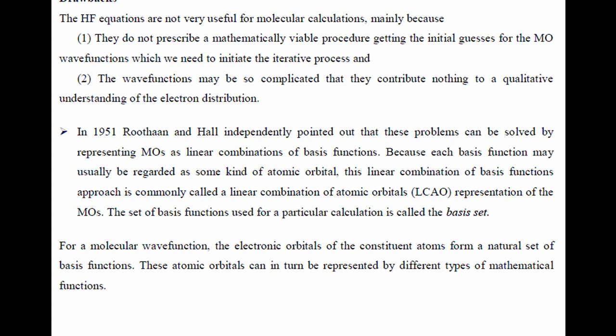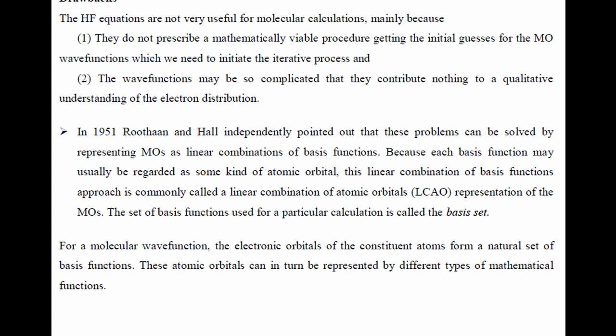So in 1951, Roothaan and Hall independently pointed out that these problems can be solved by representing molecular orbitals as linear combinations of basis functions. Because each basis function may usually be regarded as some kind of atomic orbital, this approach is commonly called the linear combination of atomic orbitals representation of the molecular orbitals.